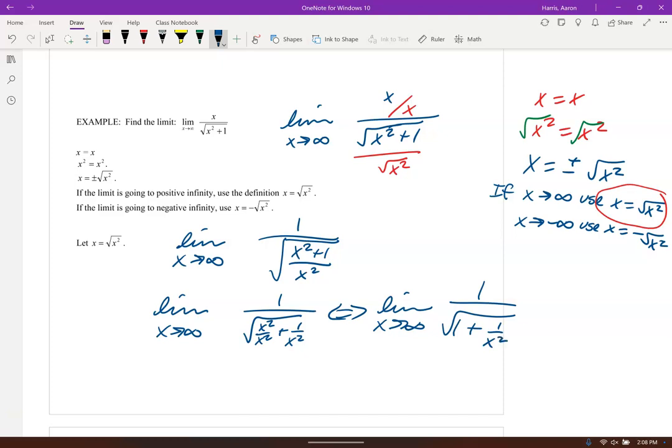And now we're at this point. We say, oh well, that 1 over x squared, when I shoot that to infinity, is going to be 0. So I've got 1 over the square root of 1 plus 0. So 1 over the square root of 1 is just 1.